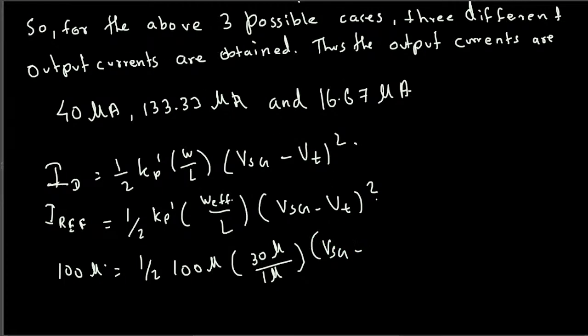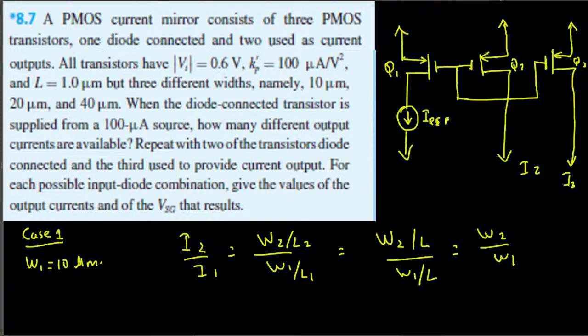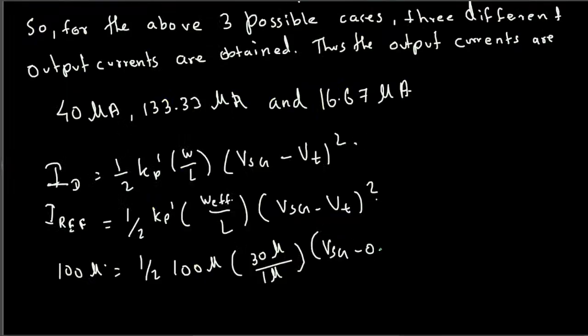V threshold is provided, 0.6 volt, square. Since we know all the other values, we just rearrange and solve for VSG.